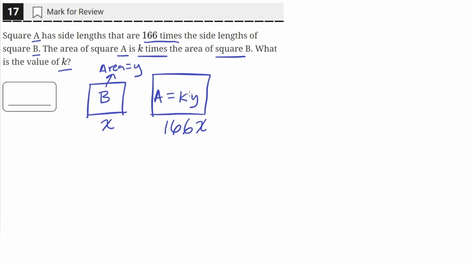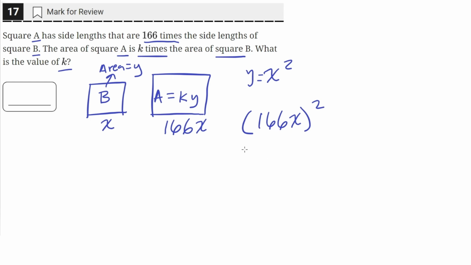So we need to find this constant right here that relates the area of square A with the area of square B. So we know that the area of square B is just going to be x squared. So that's going to be y. And we know that the area of square A is just going to be 166x squared.